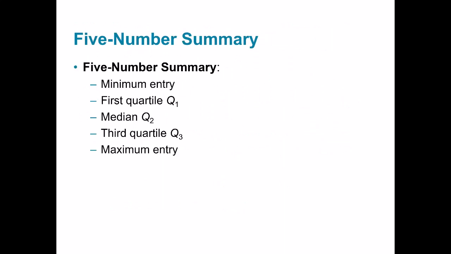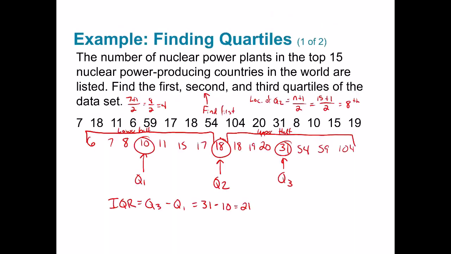So we can put all of this together and we can get a 5-number summary for our data set. This 5-number summary is simply the minimum, the first quartile, the median, the third quartile, and then the maximum. So if we go back to the same data set again, we take those 3 quartiles and combine them with our minimum and our maximum to get our 5-number summary.